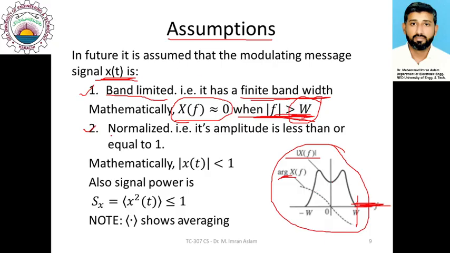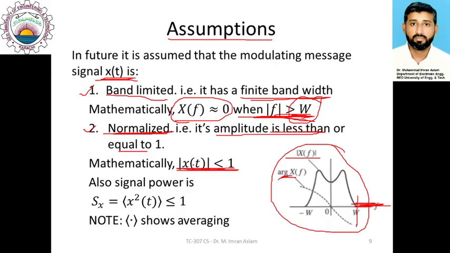Second, we will be taking this x(t) to be a normalized signal. Normalized signal means we will be considering that amplitude is less than or equal to 1. So the signal is represented like this: the magnitude of x(t) will be smaller than or equal to 1. Although it does not have a significant impact on our calculation, because if any signal has magnitude greater than 1, we can simply divide it by that magnitude to make it equal to or less than 1.